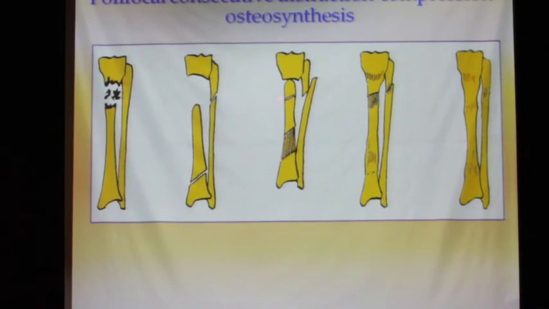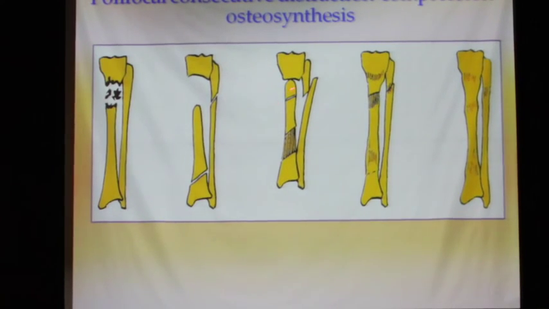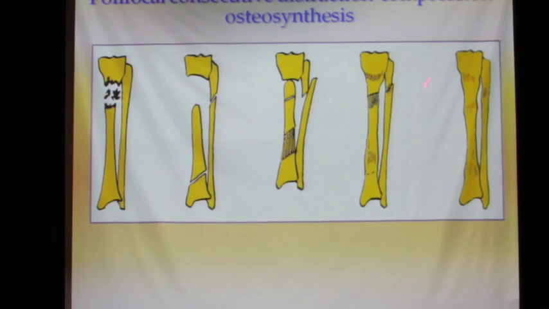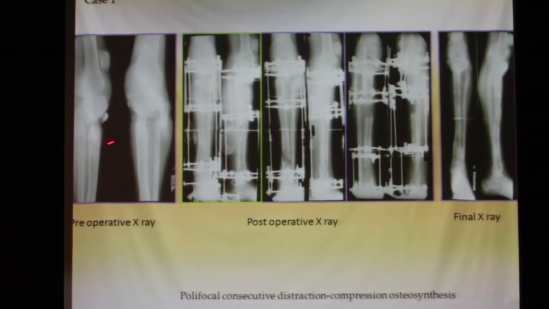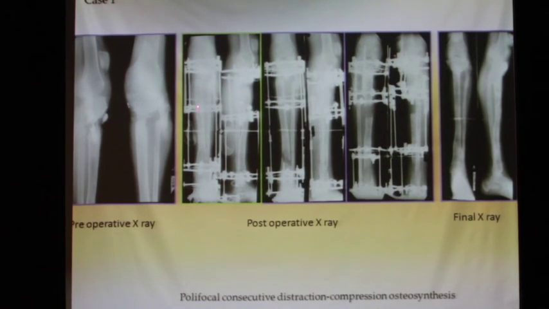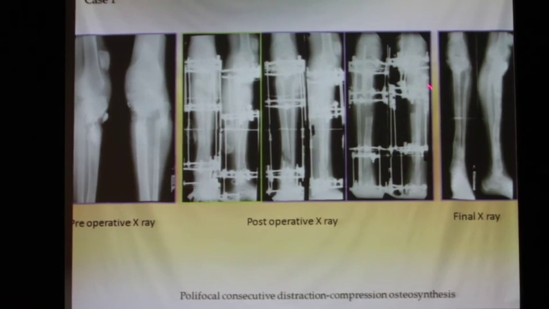Again, we have done another corticotomy, and we have done the distraction. By that way, we have made the bony union. Next. So it was the same case there. So we have done polyfocal consecutive distraction, then fibula was there, and after that the bone is united.